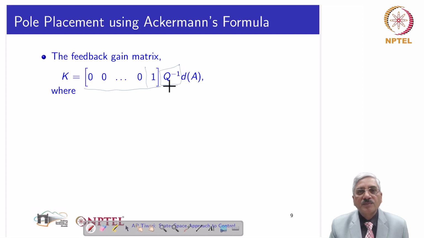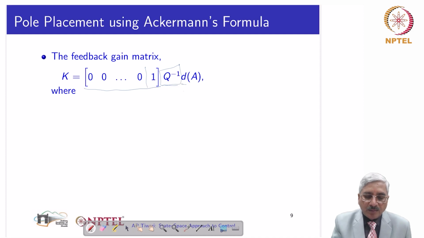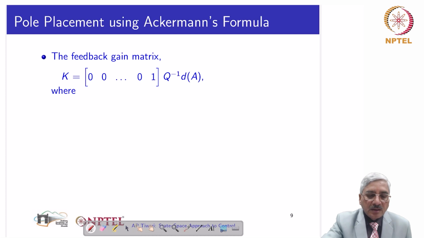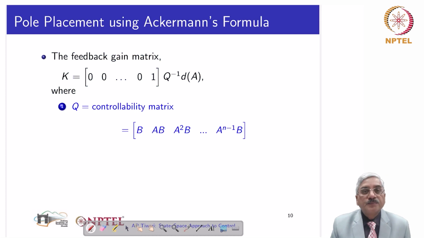When this vector is multiplied by Q inverse, it will select the last row of Q inverse, and that multiplied by a polynomial in A. So the feedback gain matrix is given by the product of this row vector into the inverse of the Q matrix, and that multiplied by the polynomial in A.